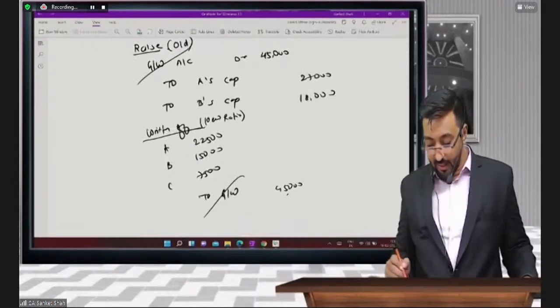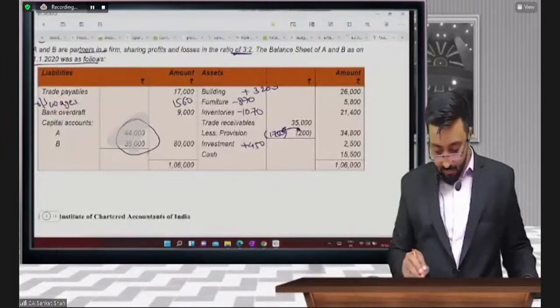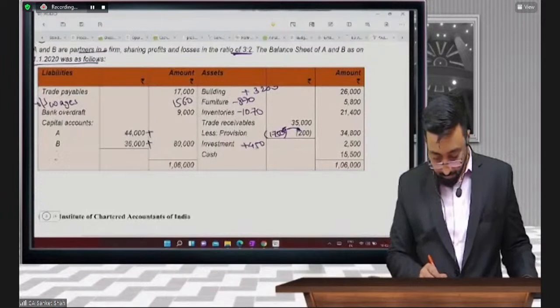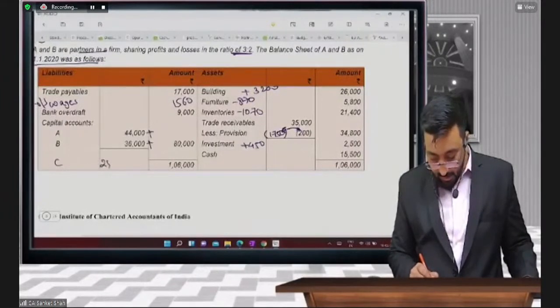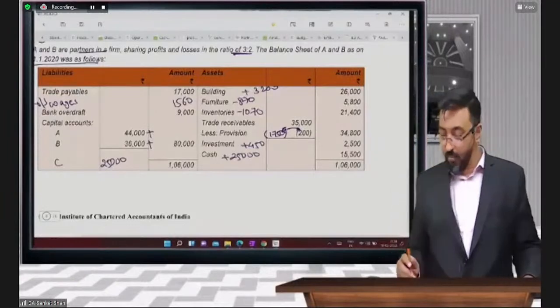Goodwill will get cancelled. And on the capital side, only 44,000 plus C's capital. How much was C's? 25,000. He brought 25,000 in cash, so he brought only 25,000.